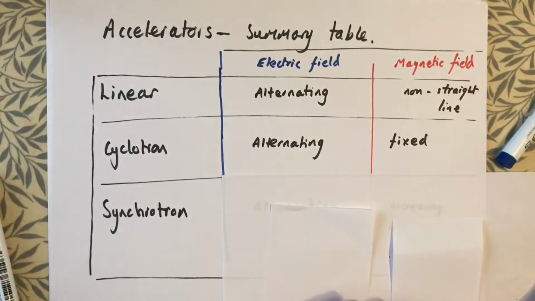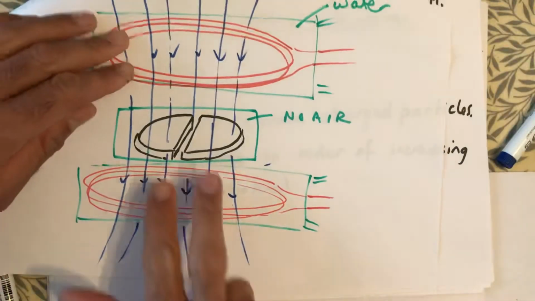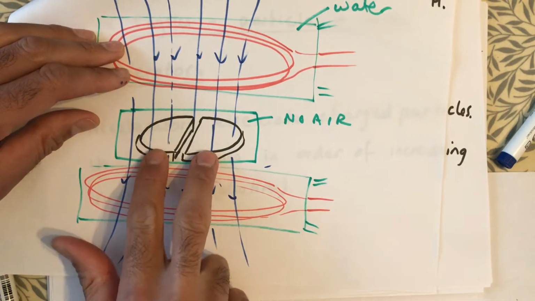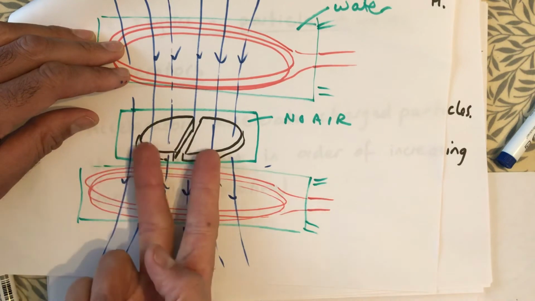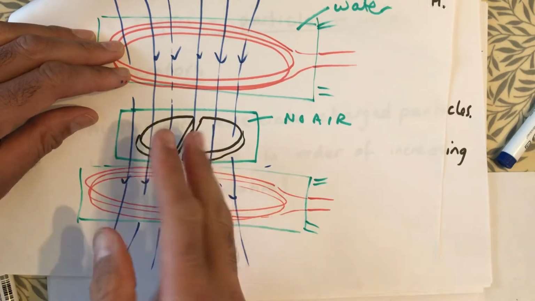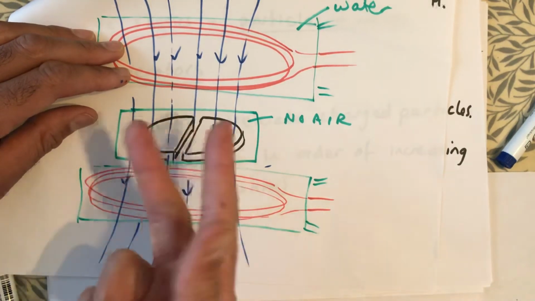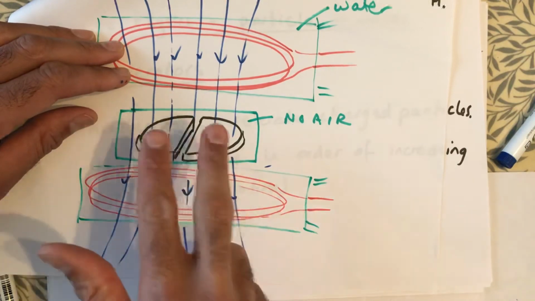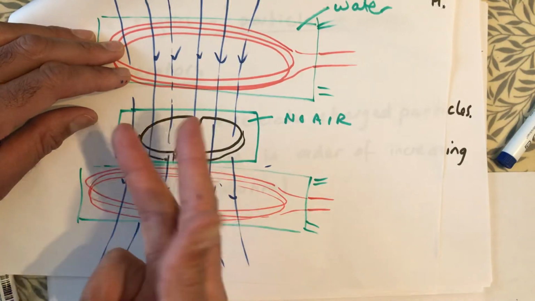And the alternating field between the positively charged, negatively charged, positively charged, negatively charged, goes at a fixed rate. You don't change the switching rate.